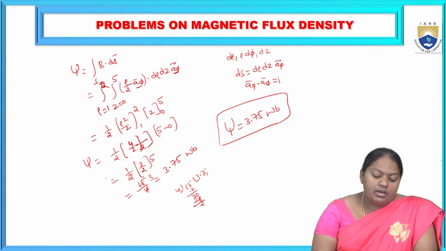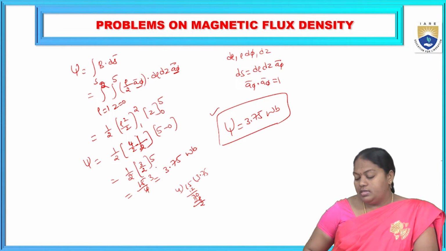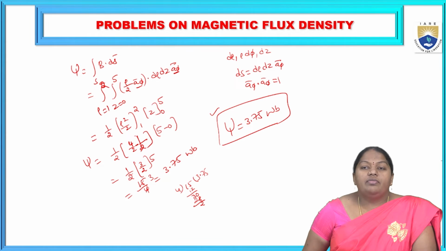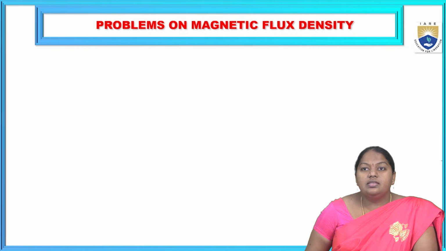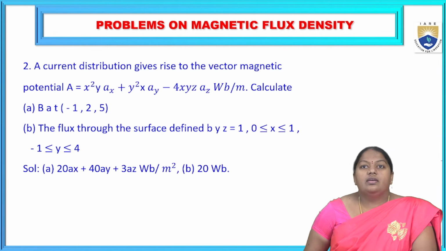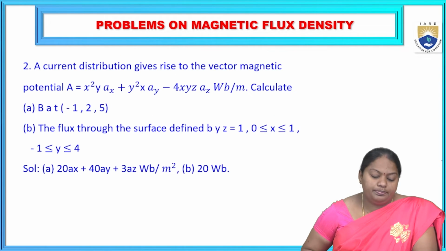If you evaluate the complete equation, you get psi equal to 3.75 Webers. Magnetic flux is measured in Webers. Hence psi is equal to 3.75 Webers.